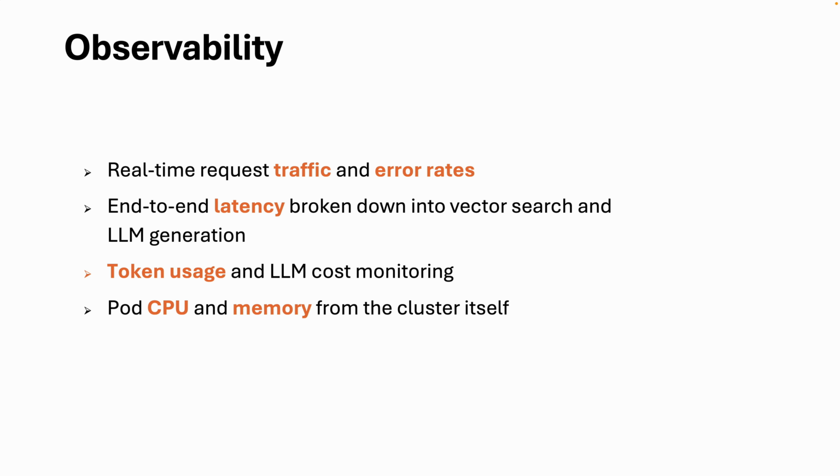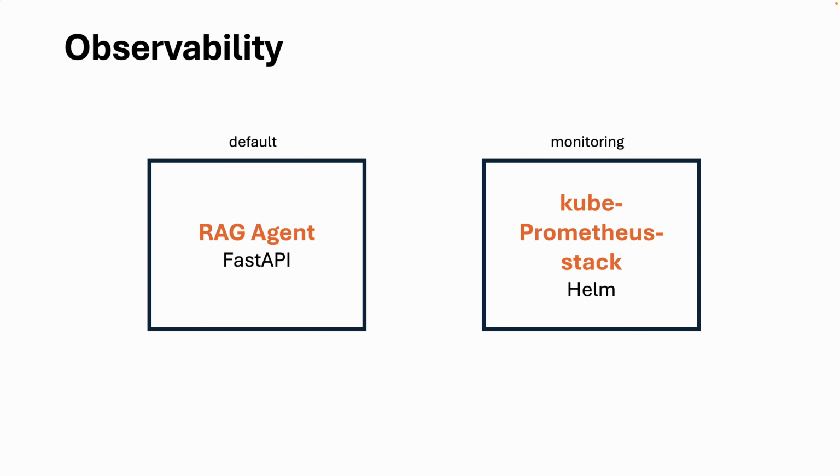Let's get into it. We have our RAG agent or the FastAPI app running in the default namespace. It exposes a metrics endpoint in Prometheus format. Now we have another namespace called the monitoring namespace. So we install kube-prometheus-stack via Helm.